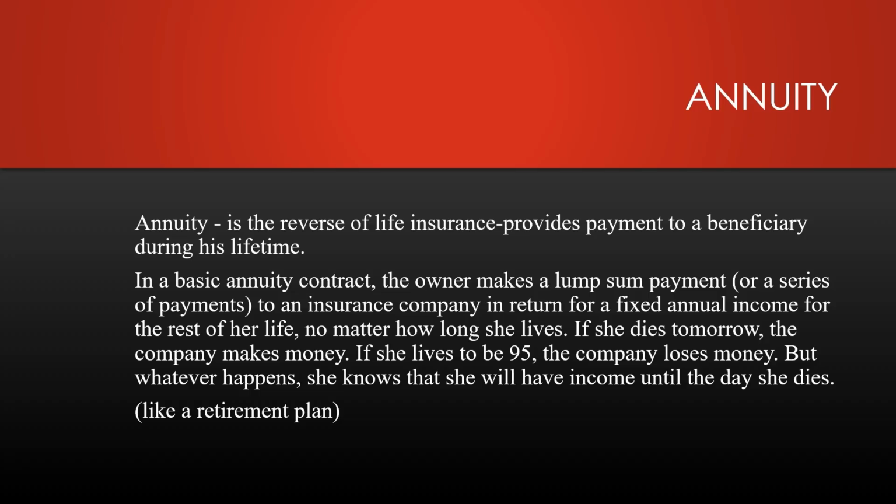In a basic annuity contract, the owner makes a lump sum payment or a series of payments to an insurance company in return for a fixed annual income for the rest of her or his life, no matter how long they live. If they die tomorrow, the company makes money. If they live to be 95, the company loses money. But whatever happens, the person knows that they will have income until the day they die. So like I said, it's kind of like a retirement plan.